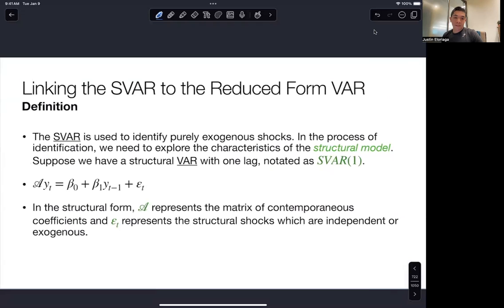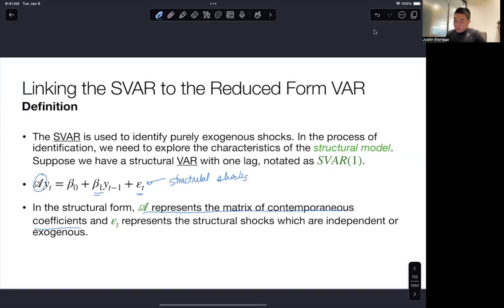So we have this. In the structural form, this A is again the matrix of contemporaneous coefficients or correlations. Then we have our normal B1, which is a typical coefficient matrix, and then epsilon t. These are the important structural shocks.